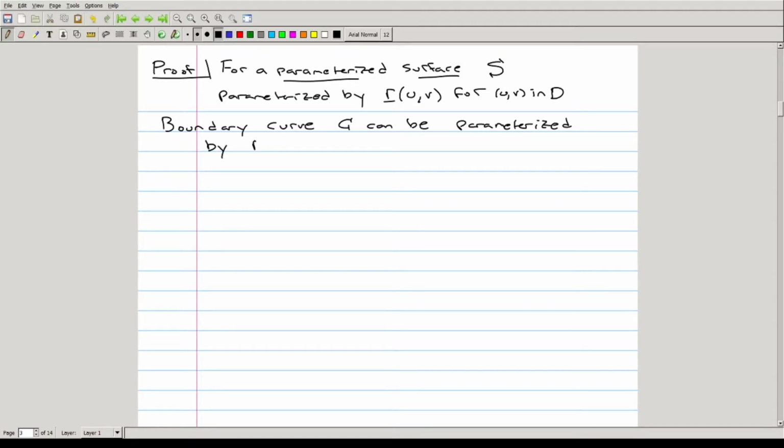We'll connect this with the surface parameterization by saying the boundary can be parameterized by r of u of t, comma v of t, for t in some set I, where I is a subset of the real numbers and D is a subset of two-dimensional space.